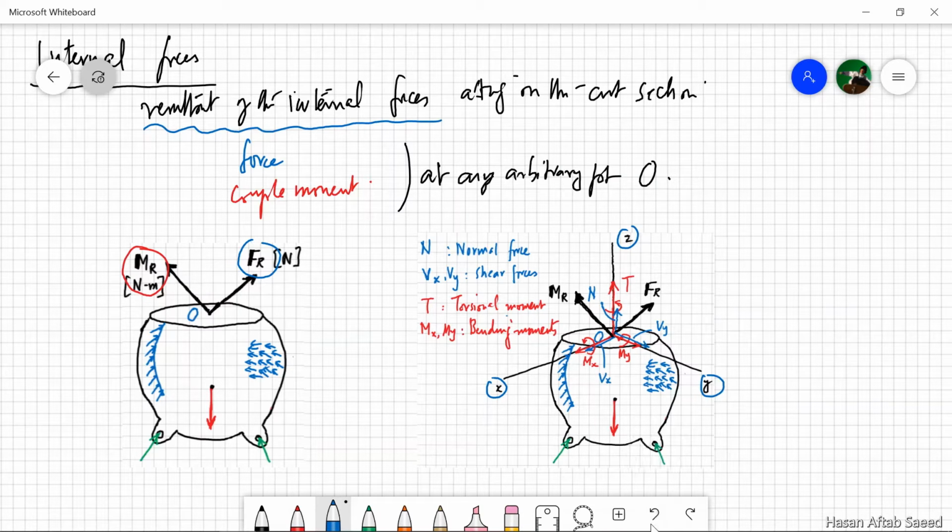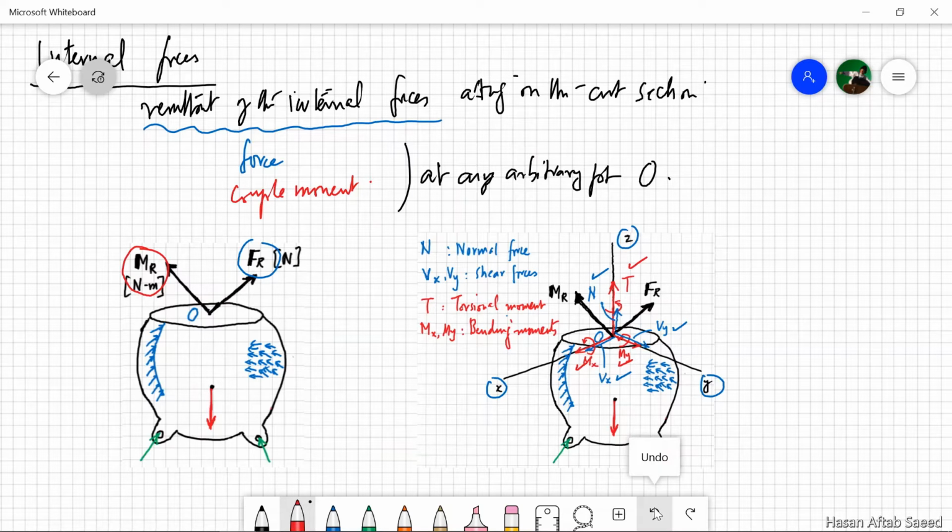Now these components are called normal force. This is 1 in number, perpendicular to the section. Shear forces, Vy, Vx, 2 in number. They are in the plane of the section. Bending moments, Mx, My. These are also in the plane of the section. And a torsional moment, 1 in number, which is acting perpendicular to the plane of the section.